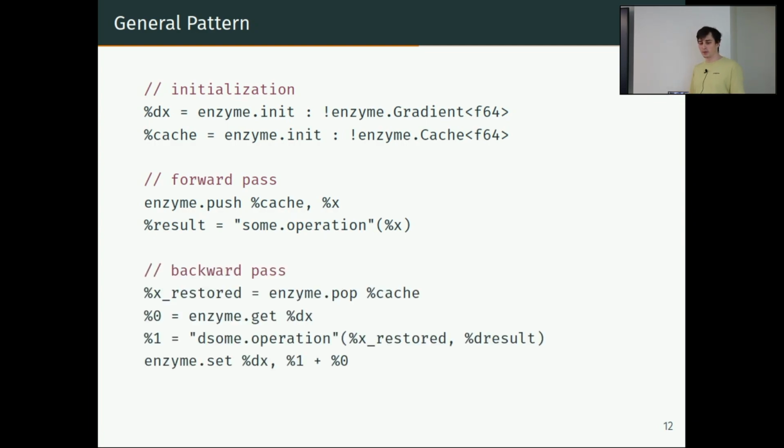Then in the backward pass, we will restore the arguments which we will need to compute. Then we will get the gradient for the operation, and compute the derivative for this operation. And then we will set and add to the gradient for this operation.